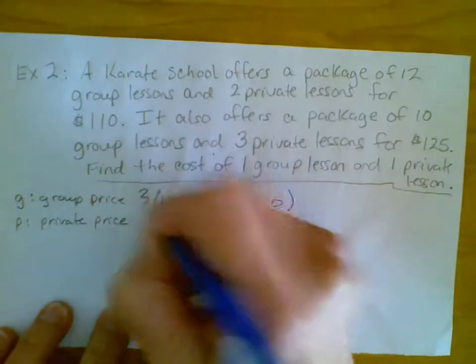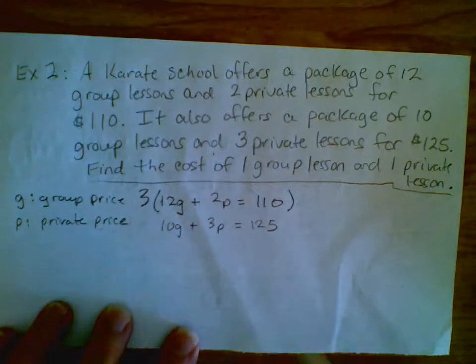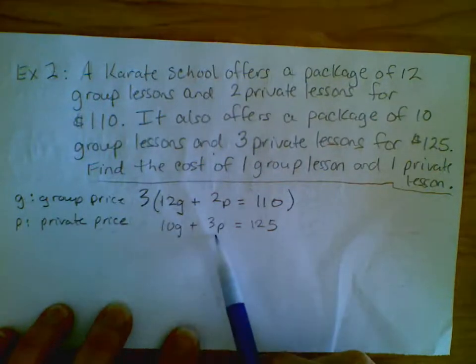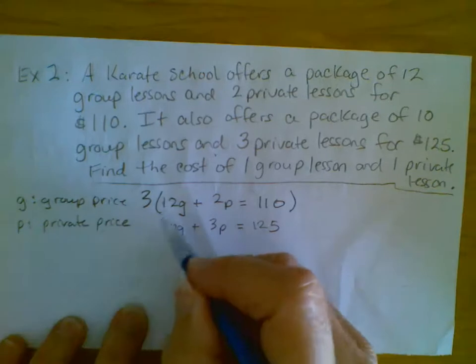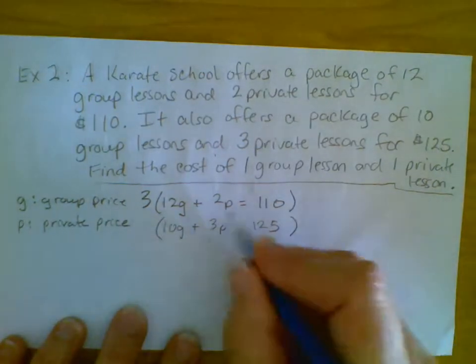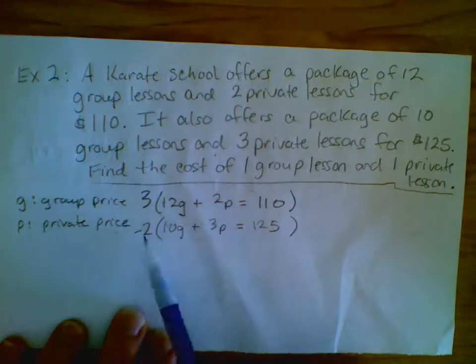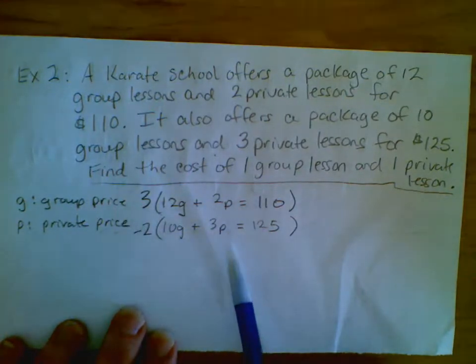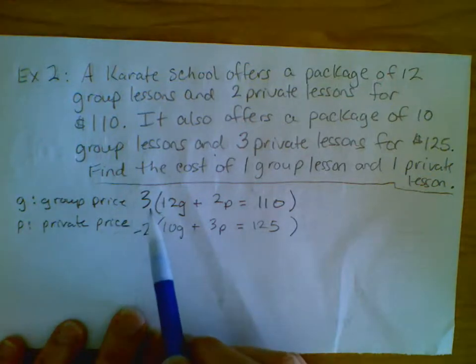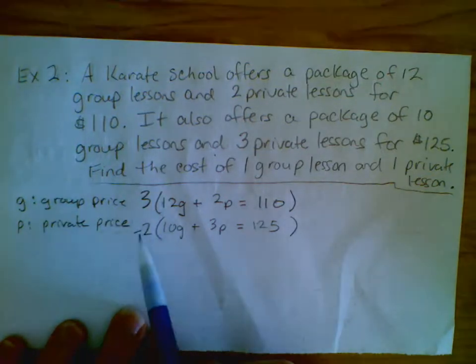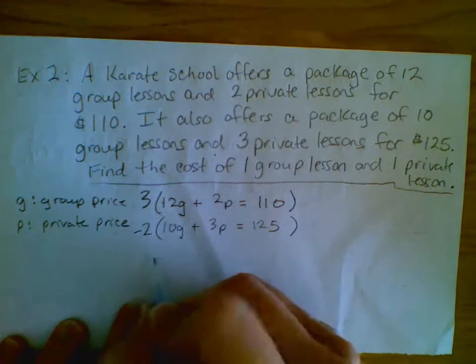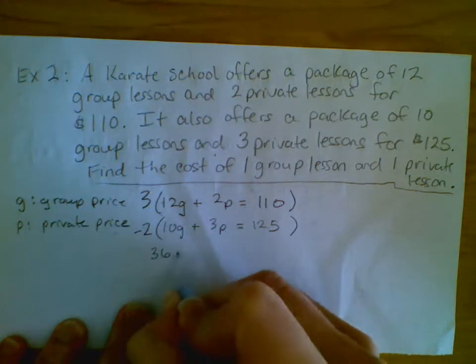Now I need this to be a negative 6, so instead of just a positive 2, I'm going to multiply the second equation by negative 2. So that'll give me a 6 here and a negative 6. And I know those two will eliminate. But I do have to distribute all the way through each equation. So I'm going to do that now.